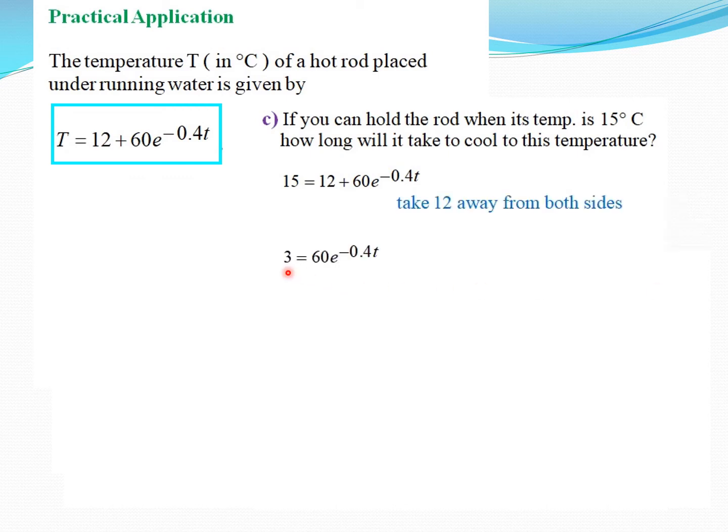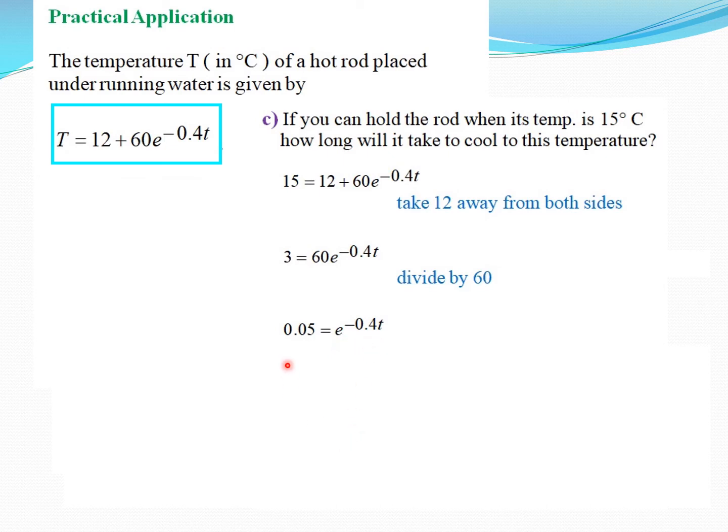And that results in 3 equals 60 e to the minus 0.4 t. So next step will be, we'll divide both sides by 60. So doing that, 3 divided by 60 gives us 0.05, e to the minus 0.4 t, or just simply e to the minus 0.4 t.